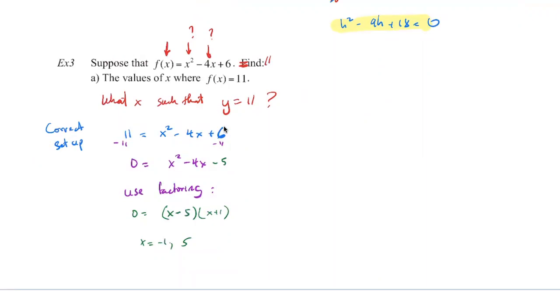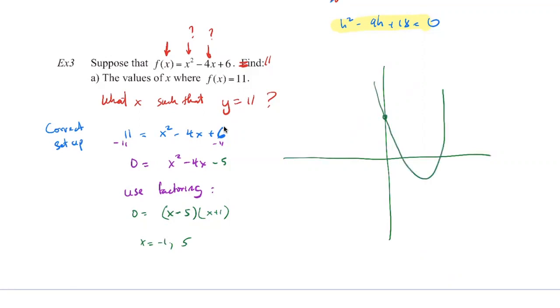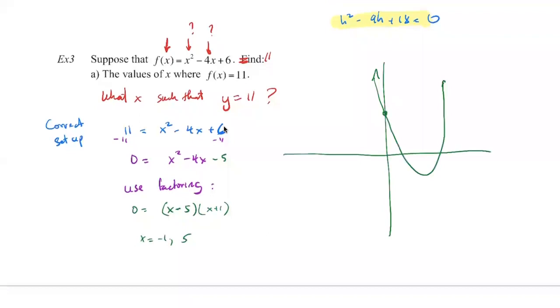In terms of the graph, if I can sketch this really quick here, I don't know exactly what the graph looks like, but I do know the y-intercept, so it's going to be there, and it's going to open upward. So I'm going to say this is my graph, something like that. The two x values, -1 and 5, will produce 11.